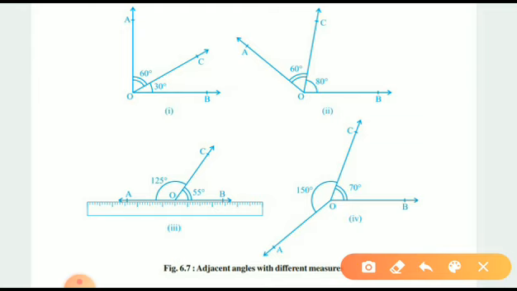Again, angle AOC and COB in the second figure, are they a linear pair? No. See the sum, 60 plus 80, it is 140. Now see the third figure. Angle AOC and COB, are they a linear pair? Yes, because 125 plus 55, if I do, I get 180 degrees.